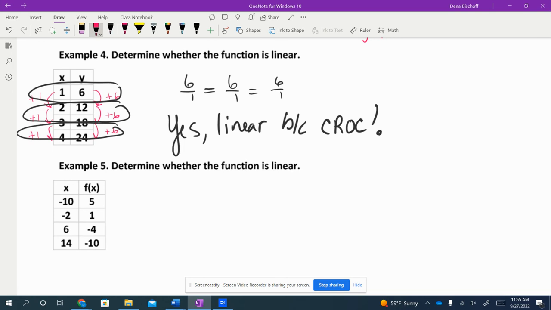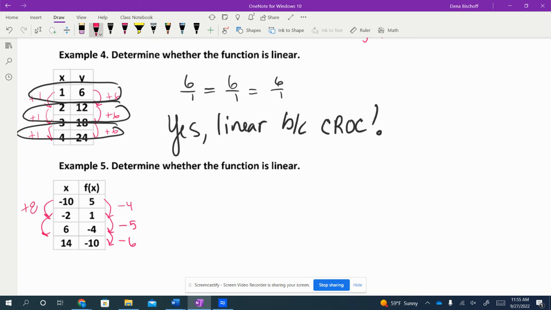Okay, let's look at this next one. To go from 5 to 1, what did I do? Minus 4. To go from 1 to negative 4, what did I do? Minus 5. And to go from negative 4 to negative 10, okay. What am I doing on my y-axis?